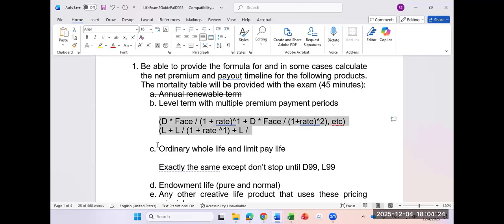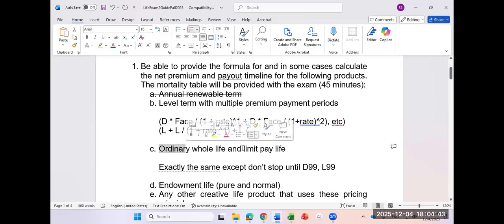So it should be really straightforward. You just see it over and over again. We'll practice some on that tonight, but the word ordinary tells you that you'll have just as many L's as you have D's. So whatever you do with the D's, you do that with L.